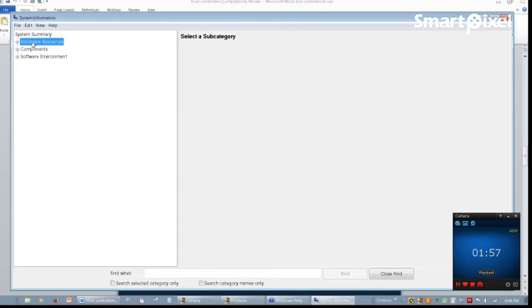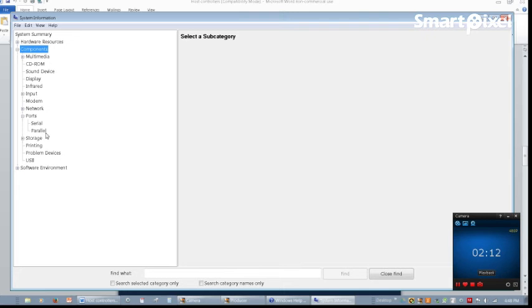This is the hardware resources. What we're looking for is the components. Okay, in the components, you can come down, and what we're looking for is ports, serial and parallel ports.